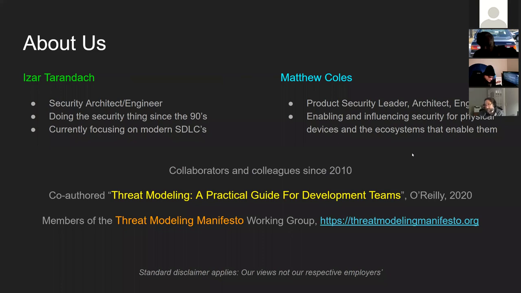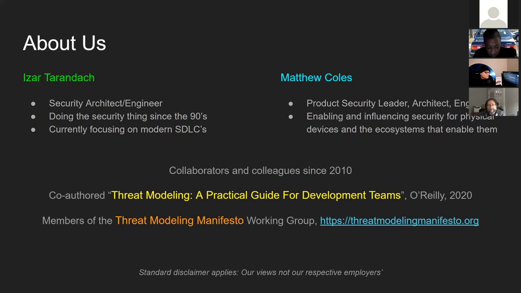Zoe already did a wonderful job of introducing us, so we won't spend a lot of time here. But basically, I'm Matt. I do product security for a living. I work on systems and ecosystems, and build and work on connected products and make sure that they're secure from cradle to grave and from device up to cloud.